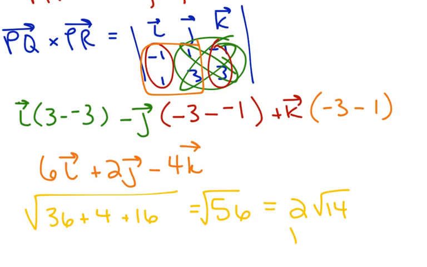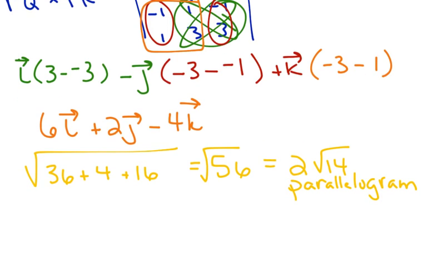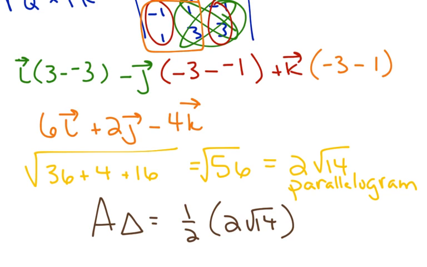Now this is what the area would be if it was a parallelogram, but it's not a parallelogram, it's a triangle. So in order to find the area of the triangle, you're going to take 1/2 of that answer. Well, I'm going to find out the answer is just the square root of 14.